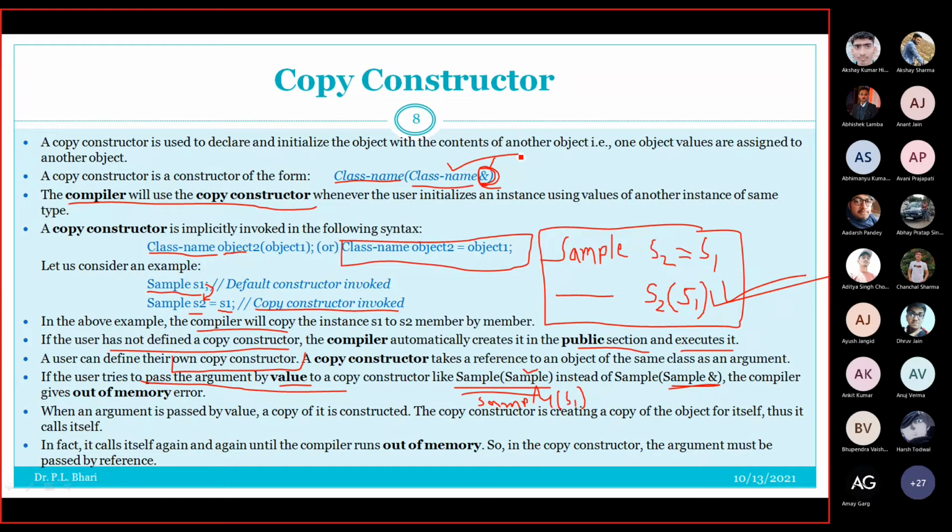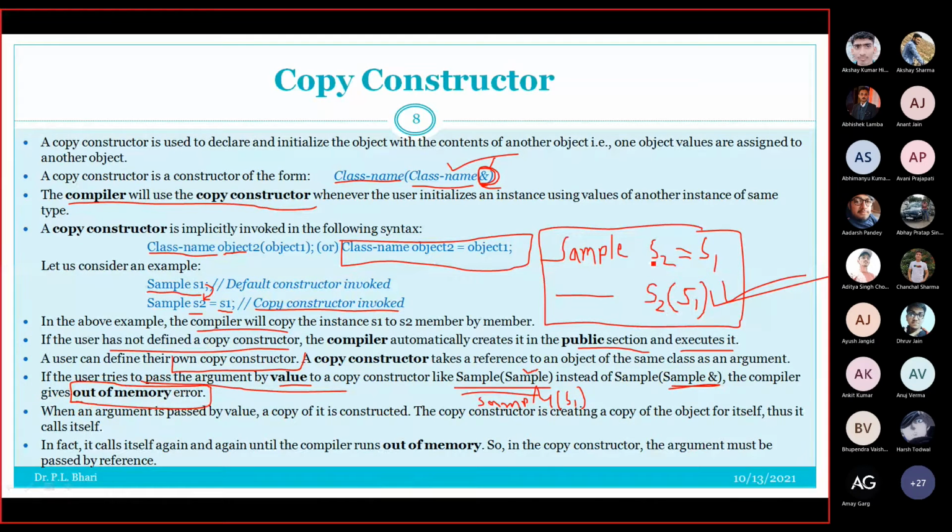But in some situations there will be some errors occurring from the memory allocation system. What is the error? The error is an out of memory error. Why is the out of memory error defined here?